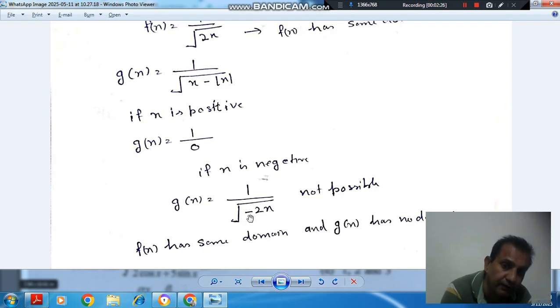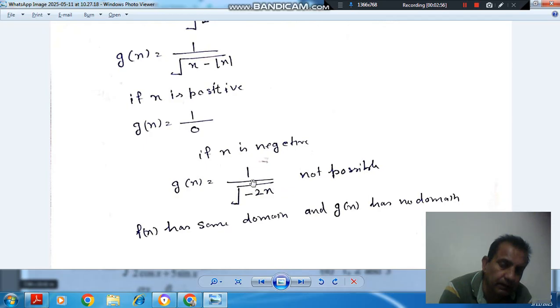The negative sign is already taken here, because when we take x as negative, it means x is minus x, and this will remain positive x, so it will be minus x minus x, so it will be 1 by root of minus 2x. So this is a complex number because minus 2 is there and x we are considering only as magnitude, no negativity, we have taken already.